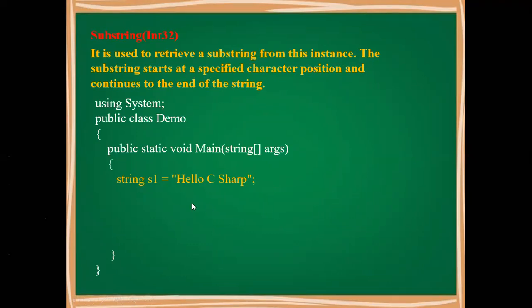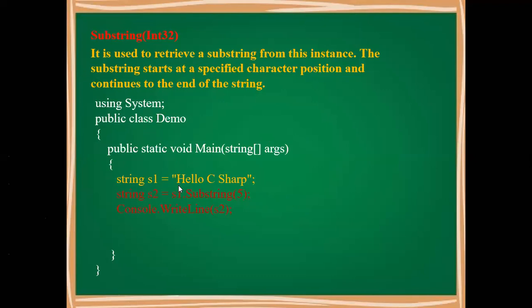We have the string hello C sharp, and then s1 dot substring 5. Now let us check the string hello C sharp. It is asking to extract the string from the fifth index position.